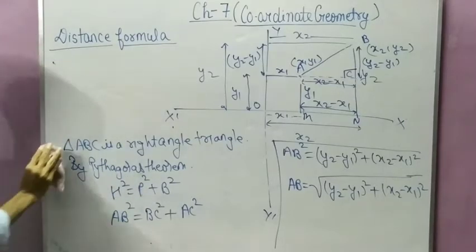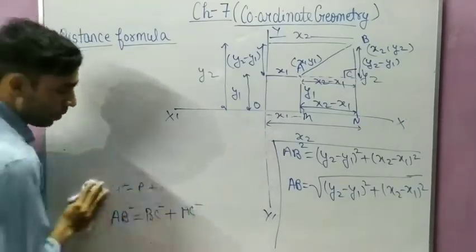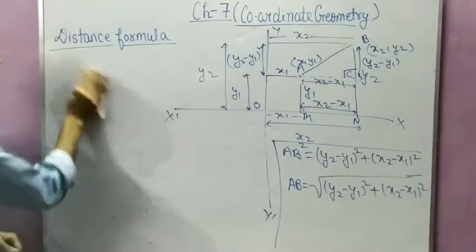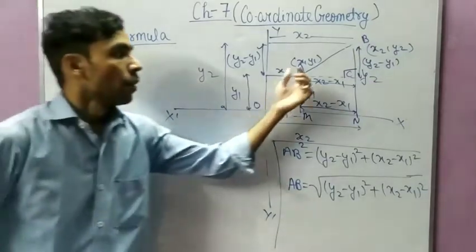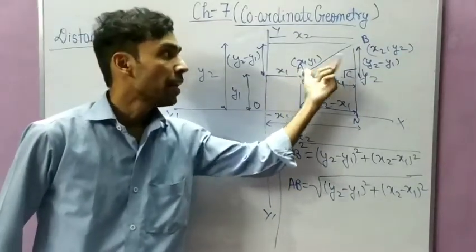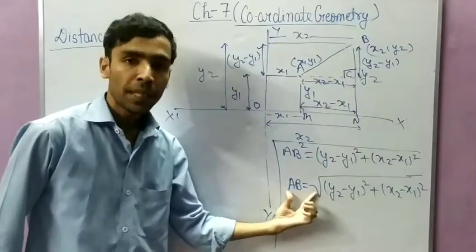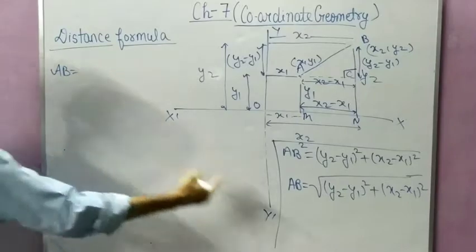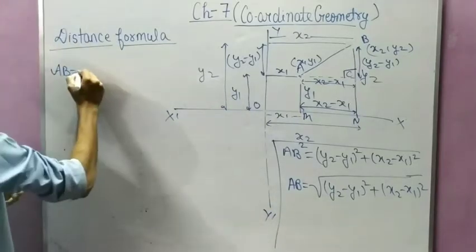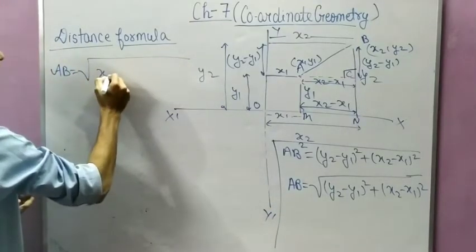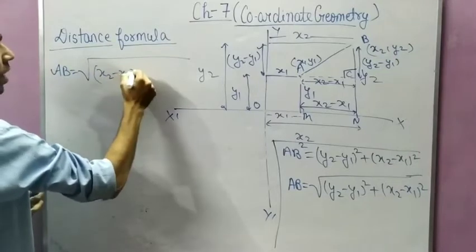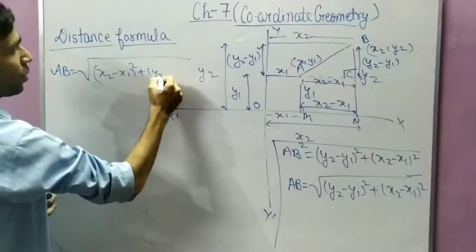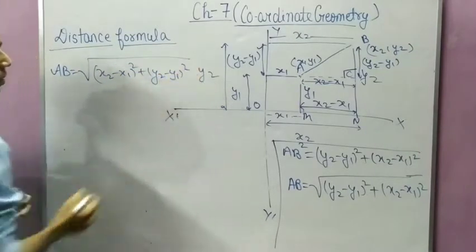Now I am going to erase it. Now in the starting we wanted to know the distance of A and B, so we have calculated AB. When we write it in sequence, we can say it is x2 minus x1 square plus y2 minus y1 square.